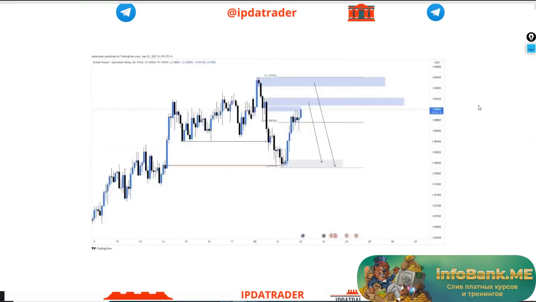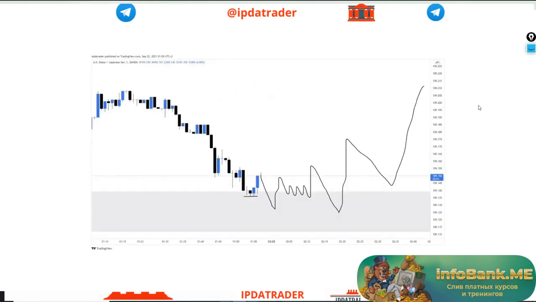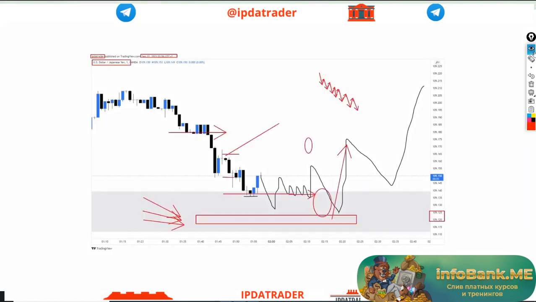This is actually another idea. This is not of concern. So now zooming into the lower time frame, I was seeing the initial reactions, right? I was monitoring price as it was hitting my POI, and I was expecting something like this.